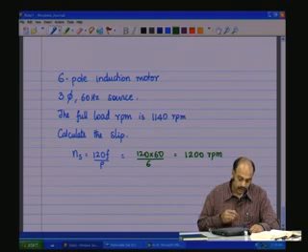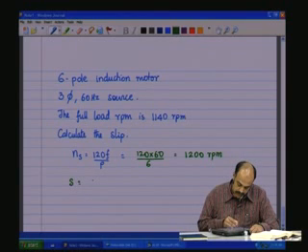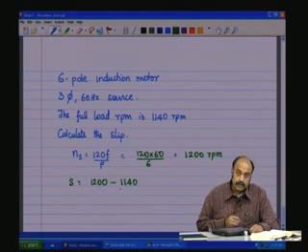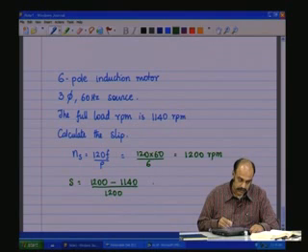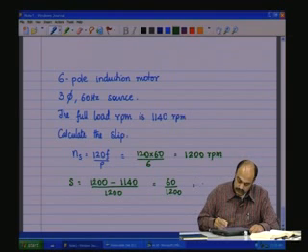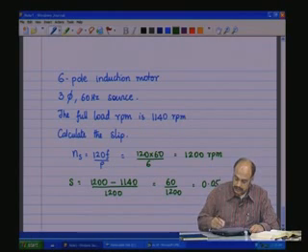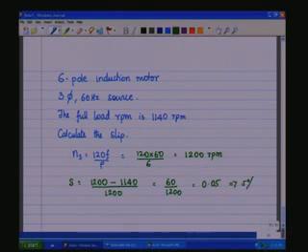Now slip S equals 1200 minus the full load motor RPM divided by 1200, and this is equal to 60 by 1200, which is equal to 0.05, and this is something like 5% in terms of percentage. So this is how one calculates the slip.